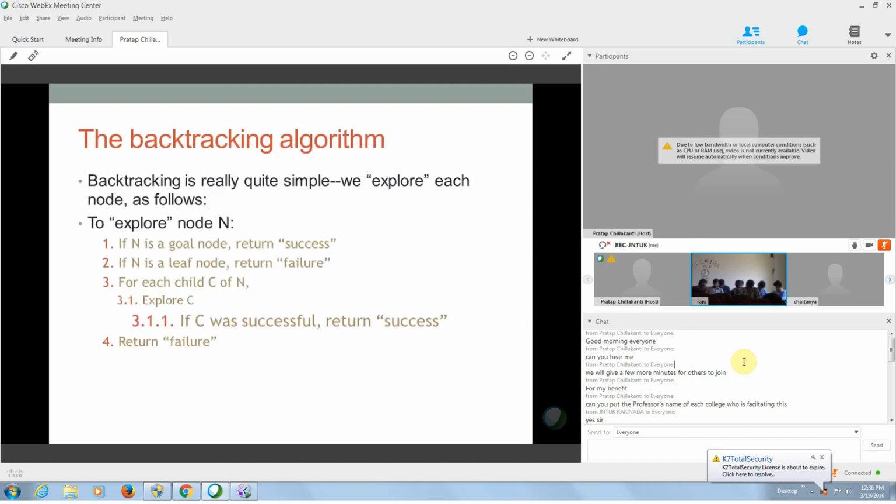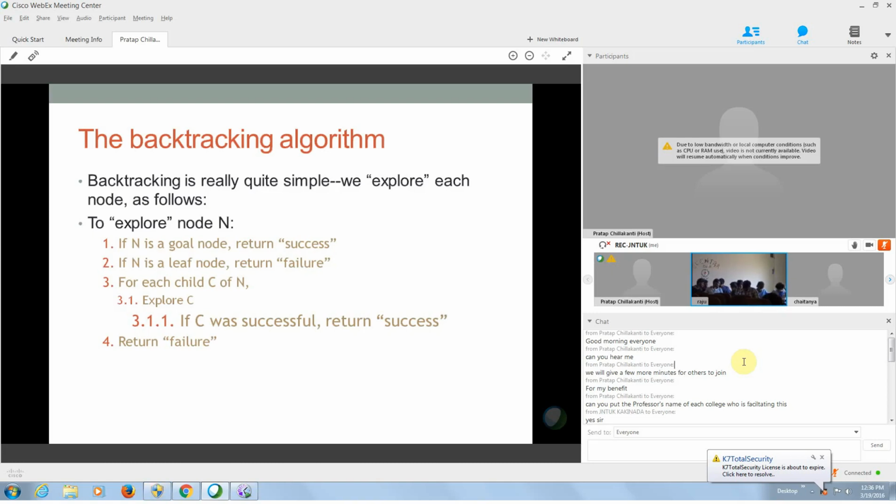The algorithm itself is very simple, right? As you traverse the nodes, at every node, if the node is your goal node, then return success. Meaning you're looking for some particular value, it's there, you return success. If you did not come to success and you reached all the way to the leaf node, then you return failure. In between is where step 3 is.